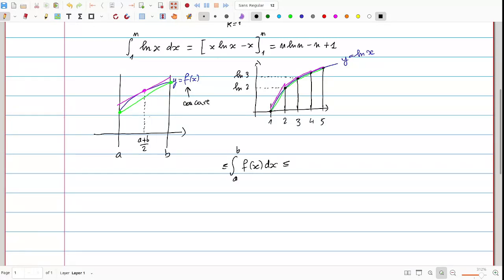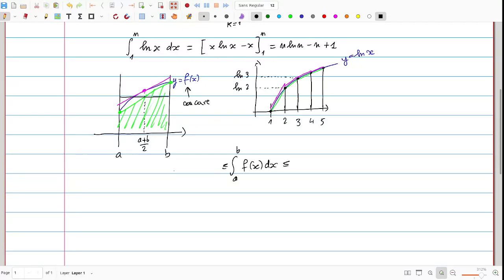We are computing the area of this trapezoid, and this area is clearly equal to the area of a rectangle which has the same base and has height which is the average of the two heights of the trapezoid.